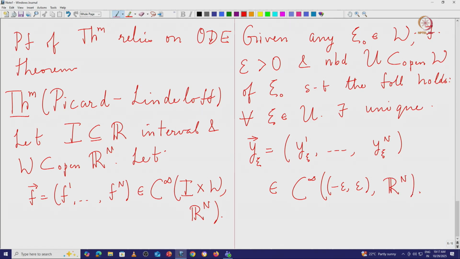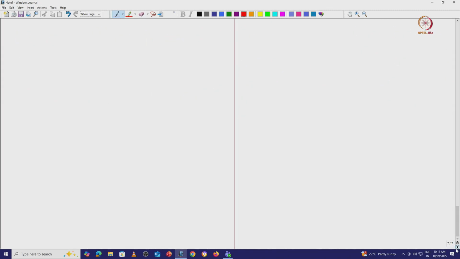So, I also assume that 0 belongs to this interval I. So, y_xi is going to be a function on this interval taking values in R^n such that this is a solution to the following system of first order ODEs.